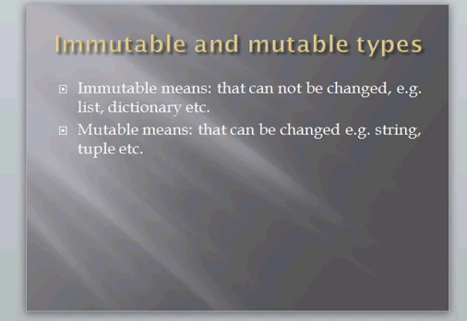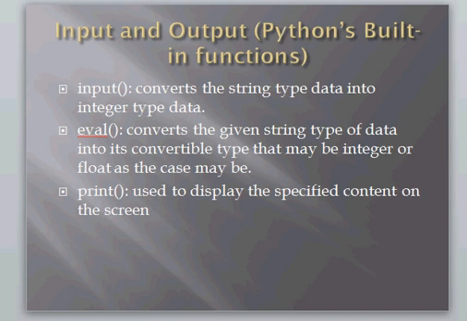So we will see them further in our next topic. But before going to see the mutability or immutability of list, string, tuple and dictionaries, we should know about input and output functions that are available in Python.